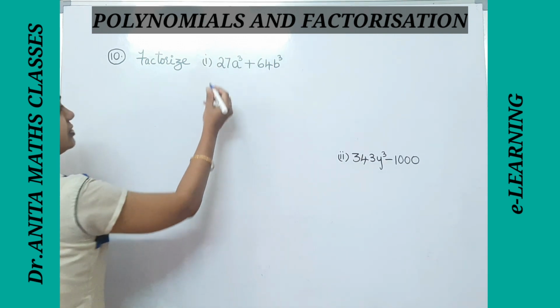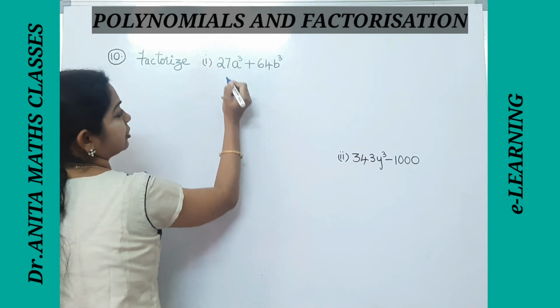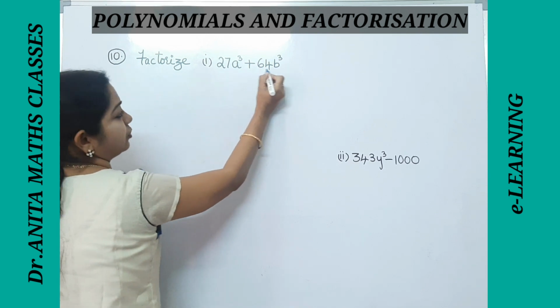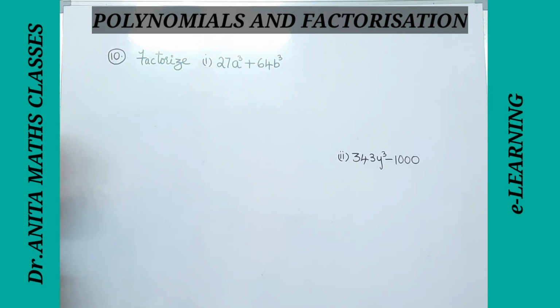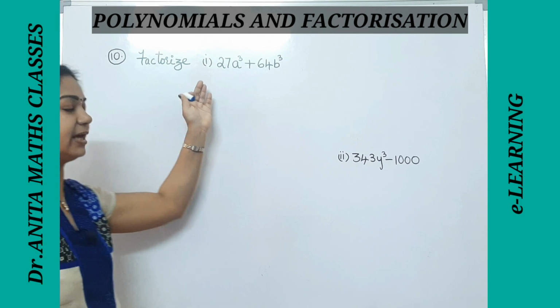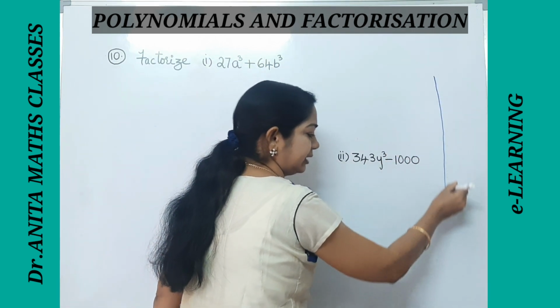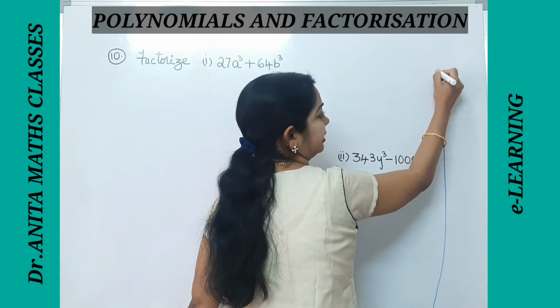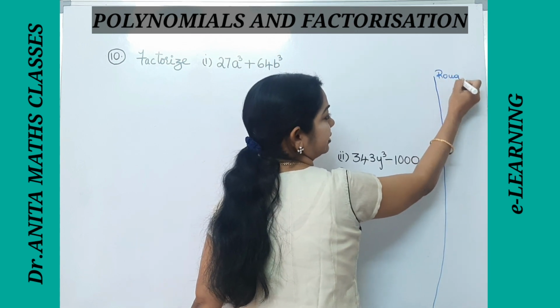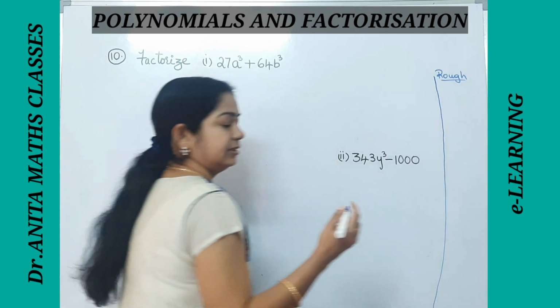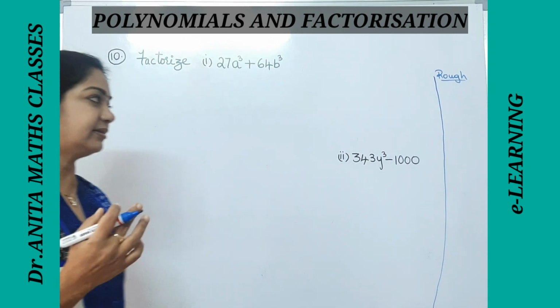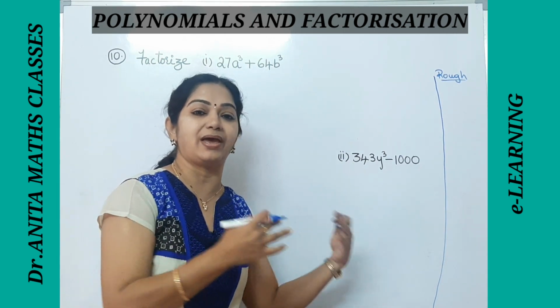Now here, 27 is a cube of 3 and 64 is a cube of 4. I want to tell you students that you need to learn the cubes. Let me write here in the rough part. In 8th class itself you had squares and cubes.